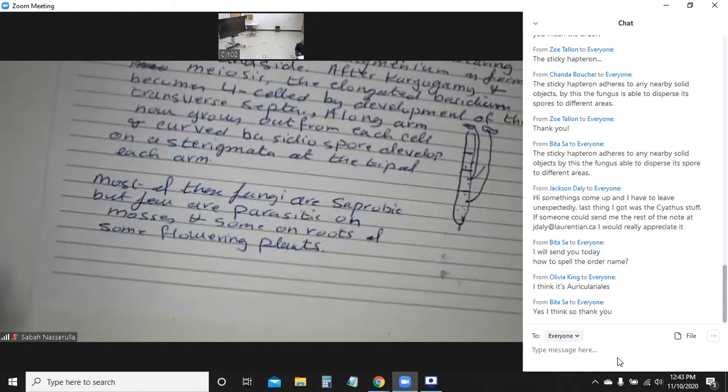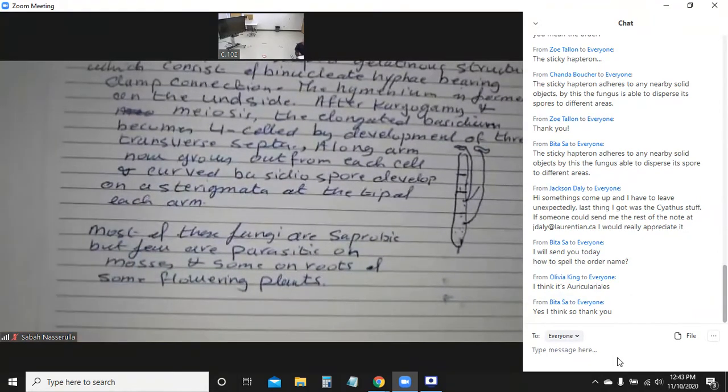So basically, this is the example we talk about of this one here. Then after that, we're going to move to the last group of the basidiomycete. The last group is the group which forms the teliospores.